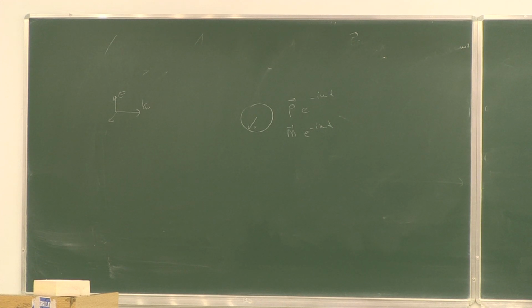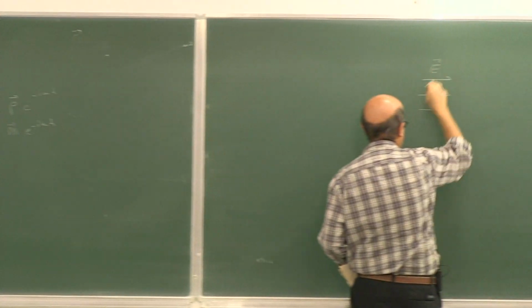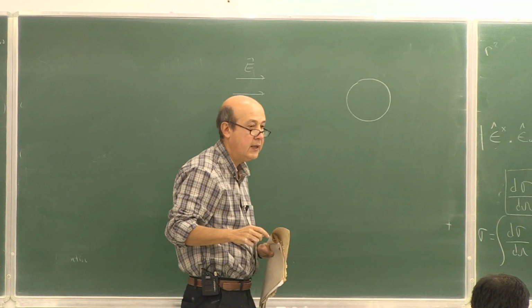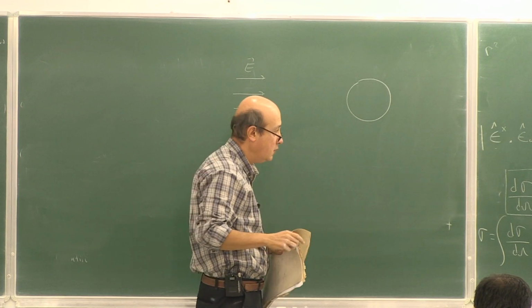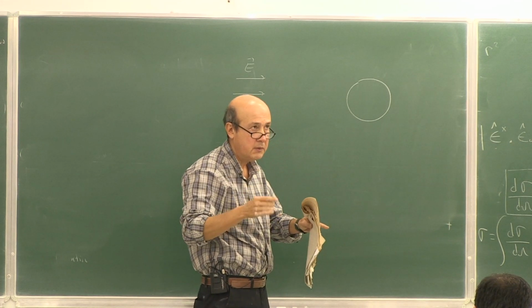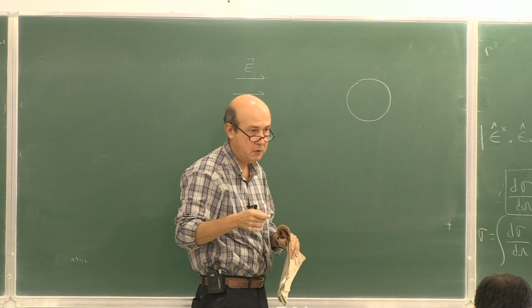In chapter 2, I think, you studied the isolated conductor under a uniform electric field. What you do, you can solve either the Laplace problem in chapter 3, or you can use the image problem.